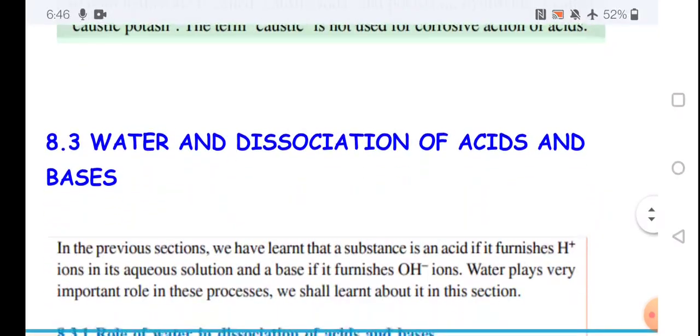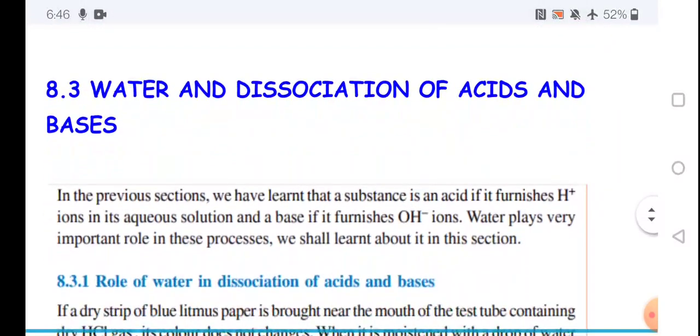Next, water and the dissociation of acids and bases. In the previous section, we learned that an acid furnishes hydrogen ions in its aqueous solution, and a base furnishes hydroxide ions.